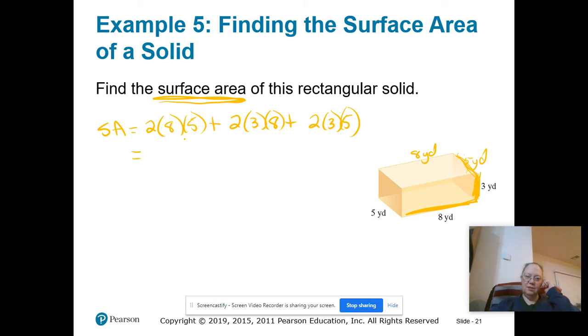So 8 times 5 is 40, times 2 is 80. 3 times 8 is 24, times 2 is 48. 3 times 5 is 15, times 2 is 30. And guys, there's no rhyme or reason why I did the 8 times the 5 first.